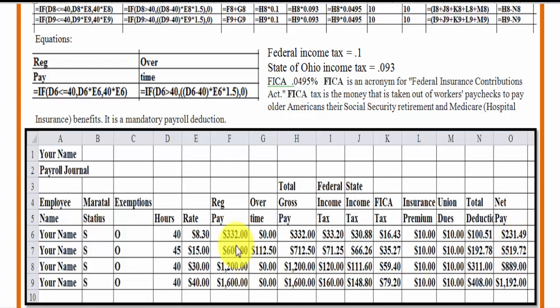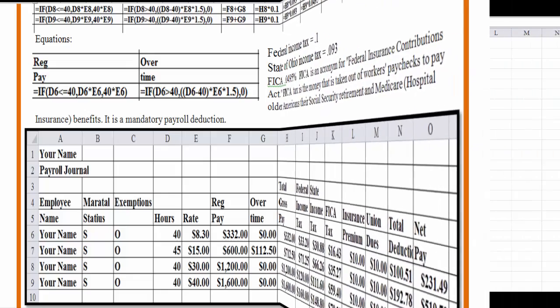So if you were making $8.30 an hour, this is the total you would receive, $231.49. Well, in your budget, you're going to have to multiply this times 4, multiply this one times 4, and this one times 4, and obviously the last one, multiply it times 4. So let's look at your budget sheet and see how this works.